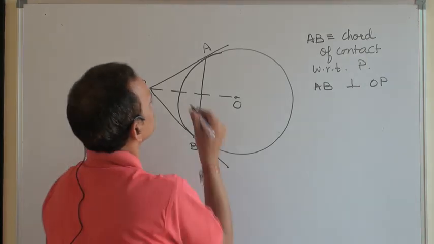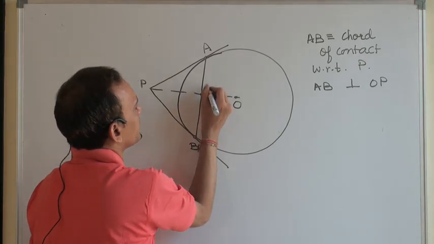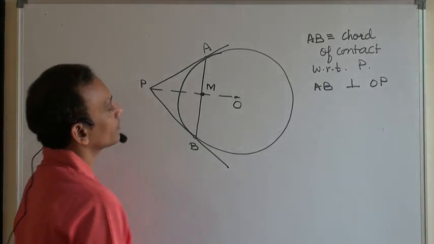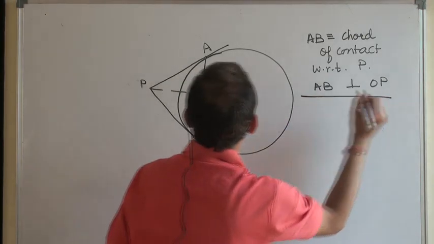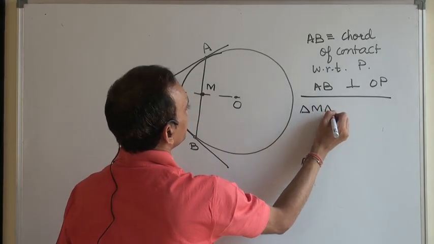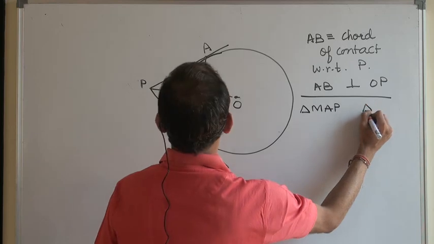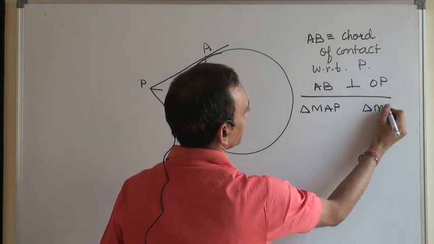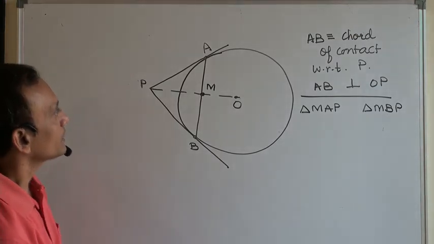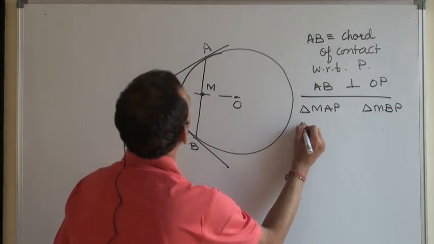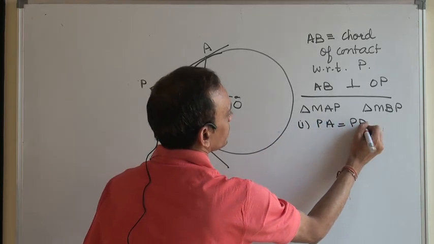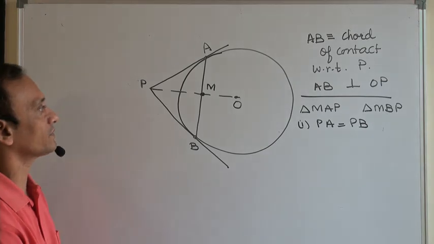Obviously, I would call this point M, say. Now, let me compare triangle MAP with triangle MBP. Let me compare these two triangles, MAP and MBP. Now, in these two triangles, realize that PA is PB. Why? These are tangents from an external point, must be equal in length, right?